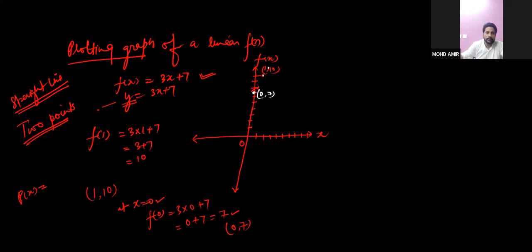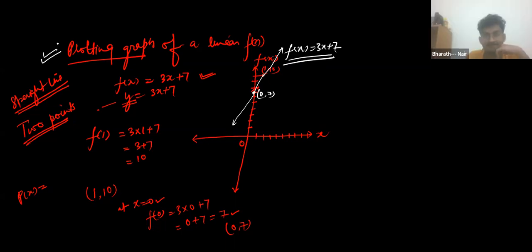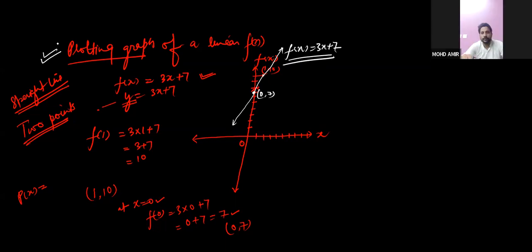So these are the points through which the graph is passing, so we can easily make a line through them. That is the graph of f(x) = 3x + 7. So that is the first way in which we can plot a graph of a linear function, by just plotting the points. Are we good till here? Yes, yes. Do you wish to copy, or we can move further?